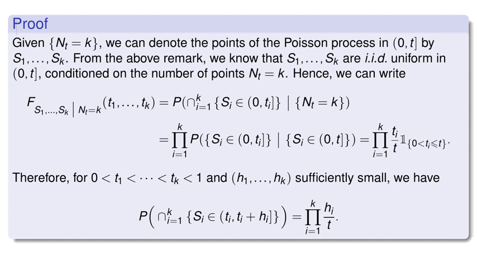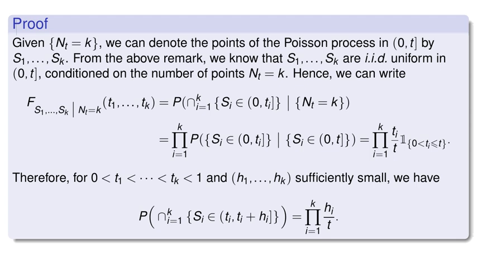Due to conditional independence, this becomes the product from i equals 1 to k of the probability that Si is in the interval from 0 to ti closed, given Si is in the interval from 0 to t closed. This simplifies to the product from i equals 1 to k of ti over t times the indicator that 0 is less than ti, which is less than or equal to t.